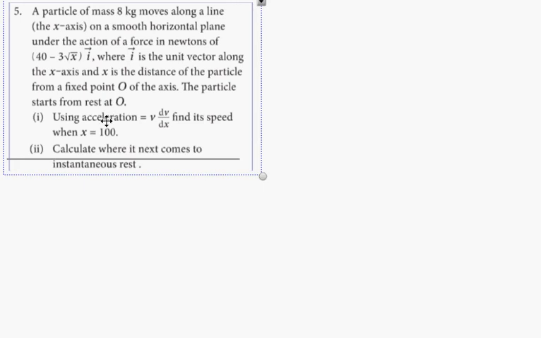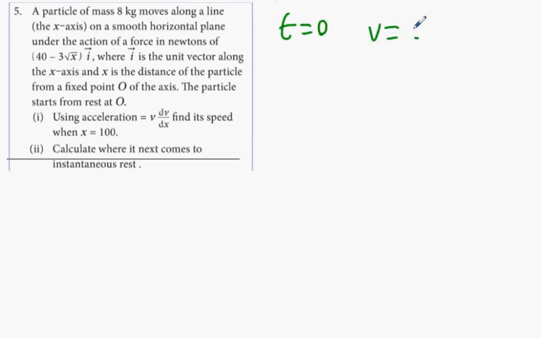The particle starts from rest at O. t equals 0, v equals 0. Using acceleration equals v dv/dx, find its speed when x equals 100. Now, imagine that that doesn't exist.